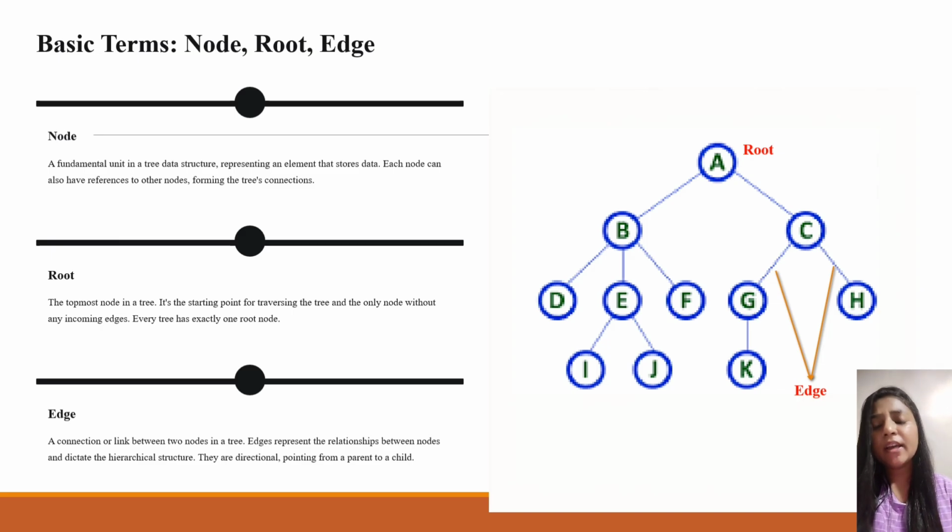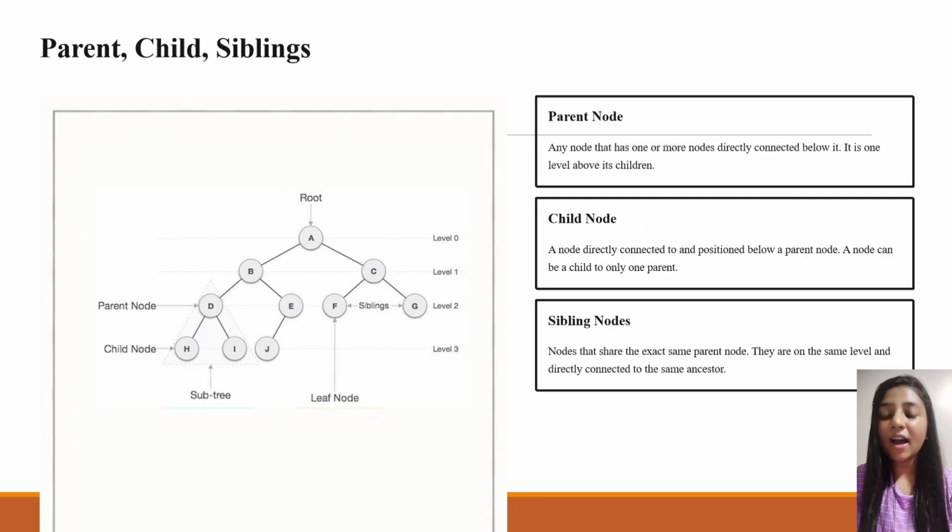Example: in a university structure, university is the root. Faculties are nodes connected to it, and each connection is an edge. I think you got the idea of these terms, right?